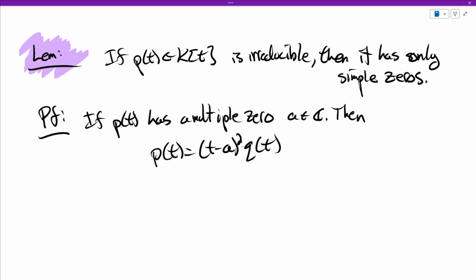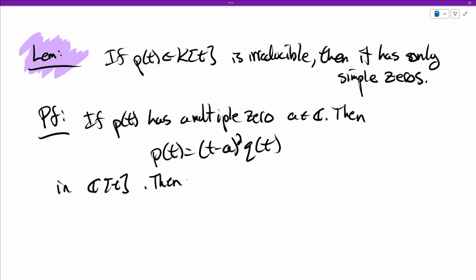It might be more. It might be that the 0 is a multiplicity 10. It doesn't matter. We can at least factor out a (t minus a) squared from it. And this is a factoring not in K. P is irreducible, so it doesn't factor in K adjoin T, but this is a factoring in C adjoin T.